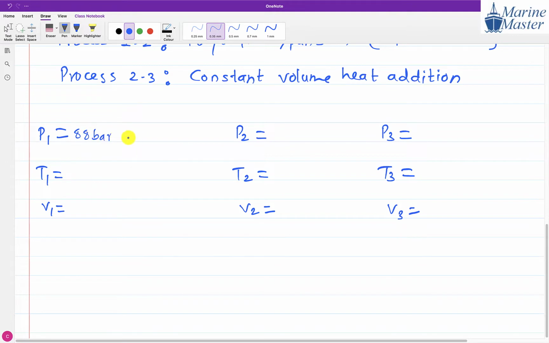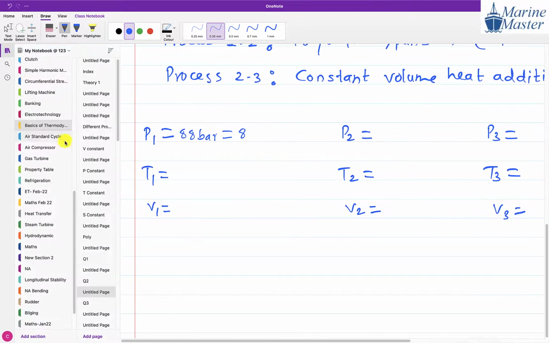How do we convert bar into kilonewton per meter square? It is not 10 raised to the power 5. It must be 88 into 100. Remember, 1 bar means 10 raised to the power 5 Newton per meter square, and that is 100 kilonewton per meter square.